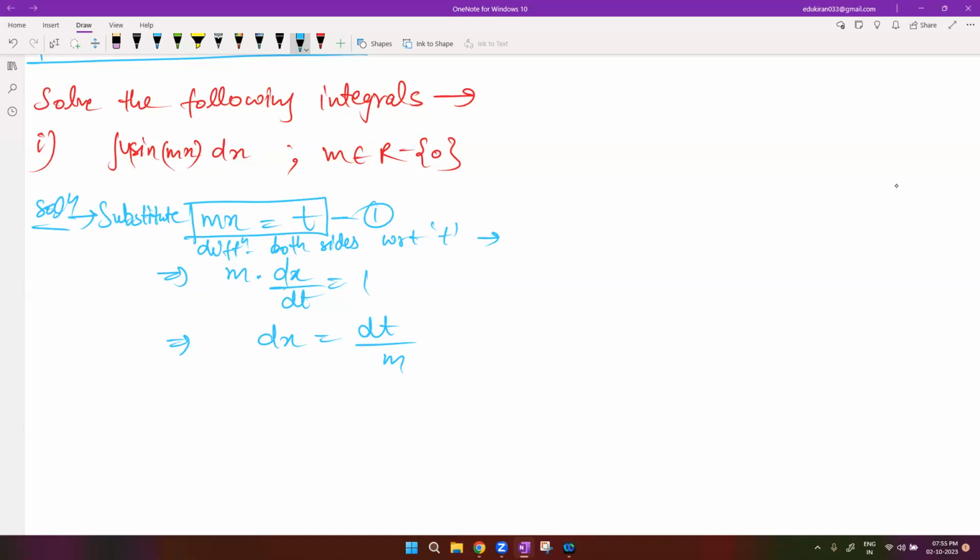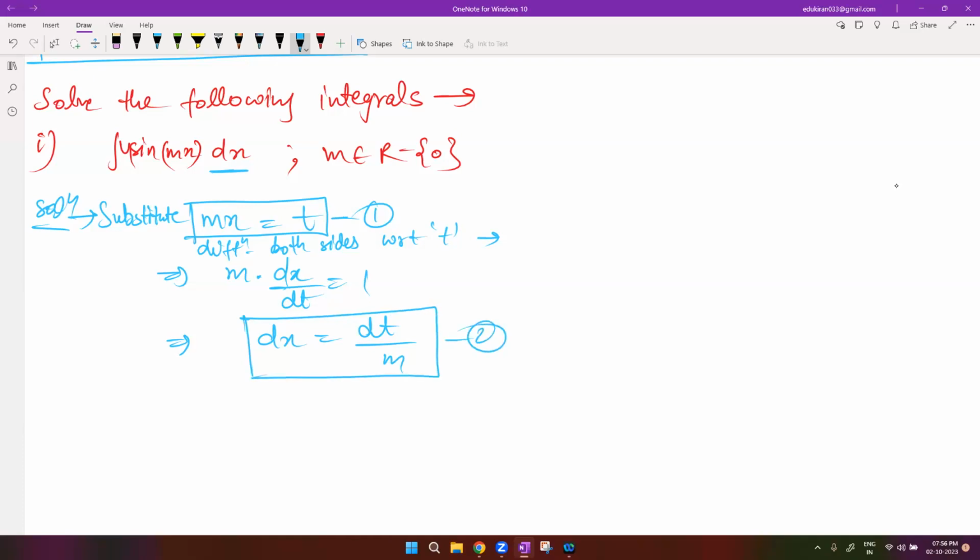After substituting mx as t, you are changing your variable x to t. That means you need to find out the value of dx. You will substitute dx with dt, which means that both sides are differentiated with respect to t. Always. This gives you the value of dx in terms of dt.